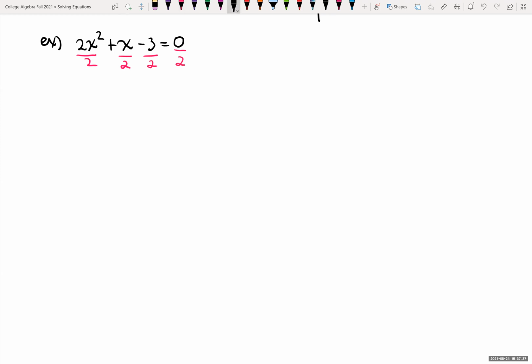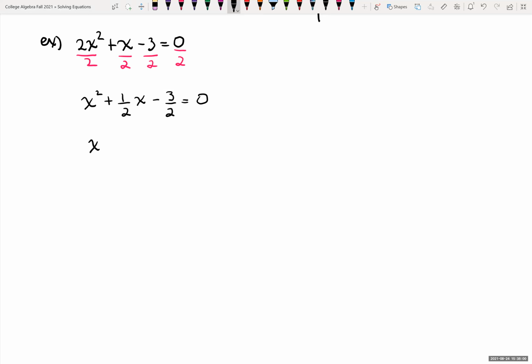And so now we get x squared plus 1/2 x minus 3/2 is equal to 0.